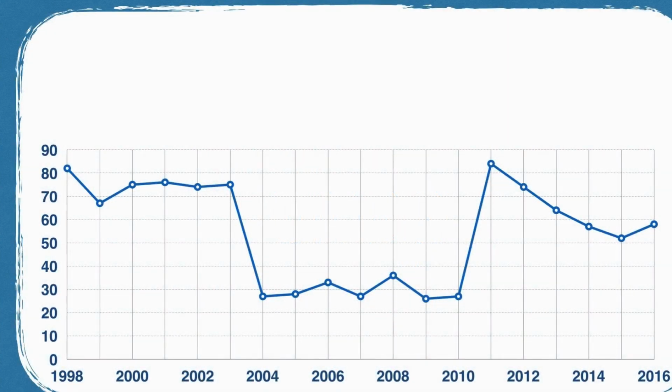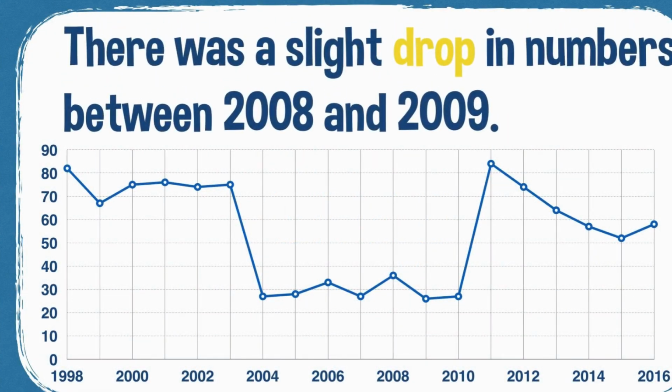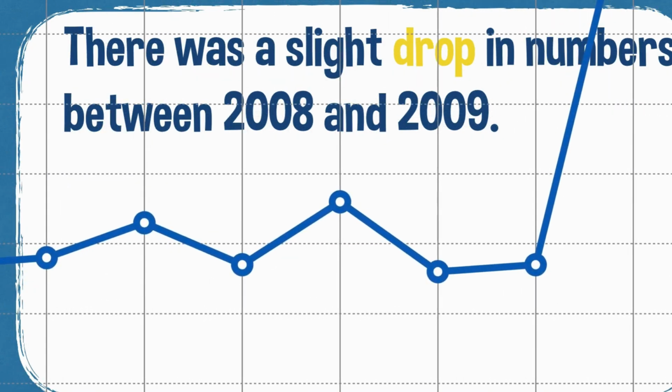Your next word is drop. This is another general word for downward trends. It's a very general word, in fact. Useful for small, kind of uninteresting decreases, nothing exciting. So there was a slight drop in numbers between 2008 and 2009.